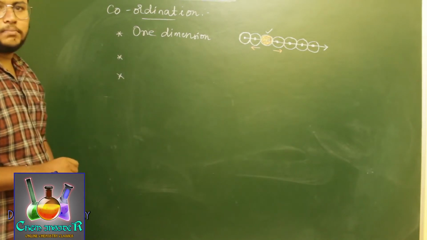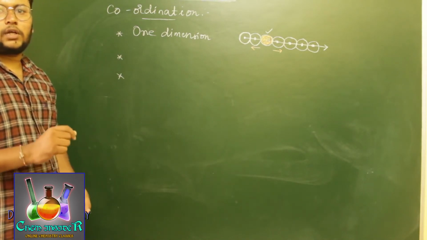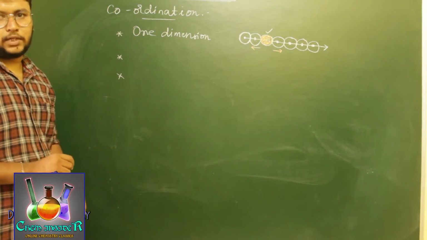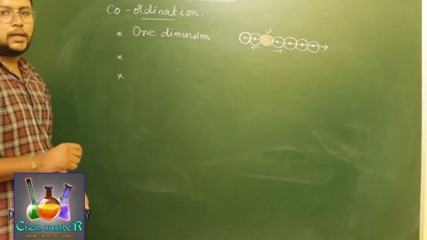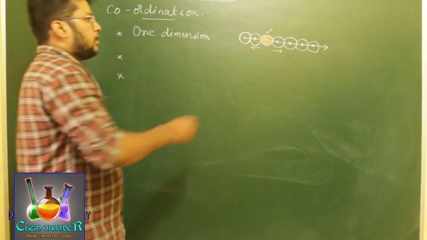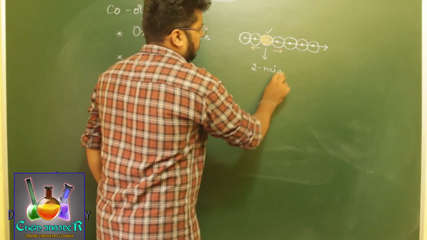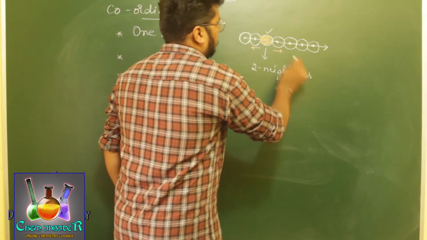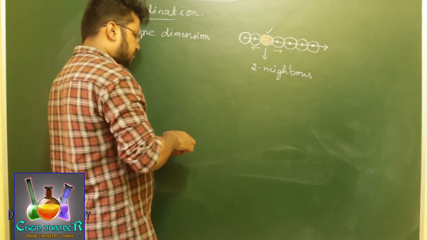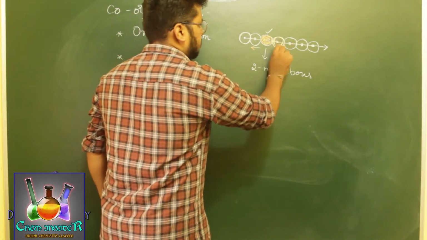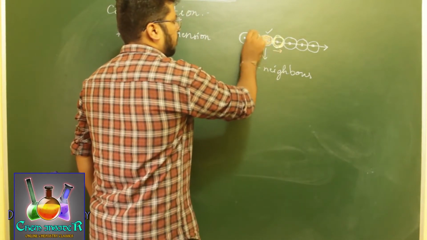The coordination number for an atom is the total number of neighboring atoms present next to it. So this atom has two neighbors, one on the right and one on the left.